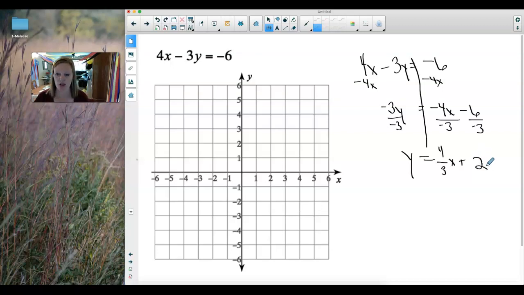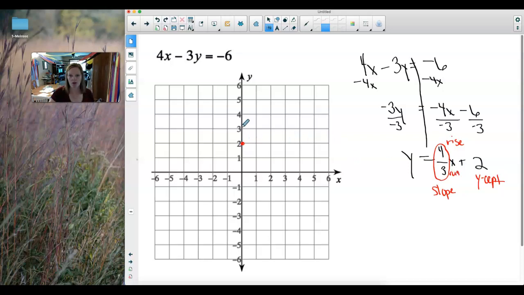So there's our equation. This right here is your slope, and this is your y-intercept. Then we're going to go graph it. The y-intercept goes on the y-axis, so we're at 2. And then slope, remember it's rise over run.